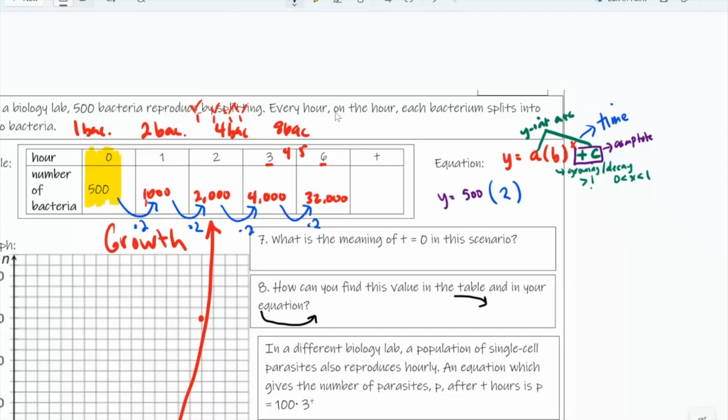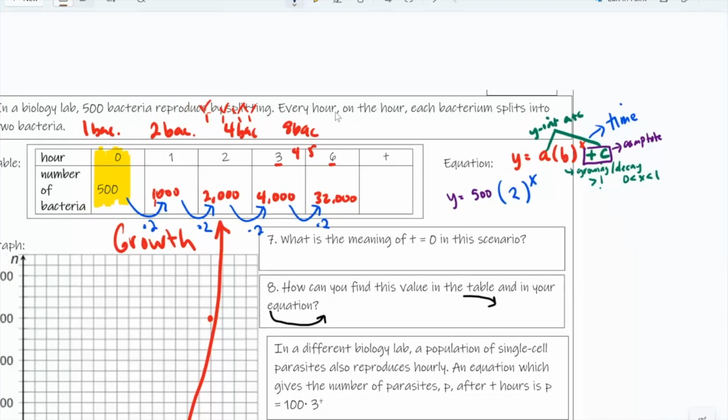So the time it takes. So x is my time. All right, so they want you to write this in general. This is what you're writing. So y is going to be 500 times 2 to the power of t, but instead of using x because they've called time t, I'm going to use t. Okay, so that's how you write an equation from either a table or from a graph.